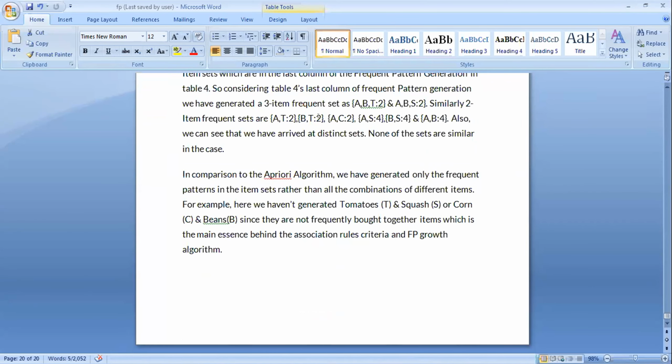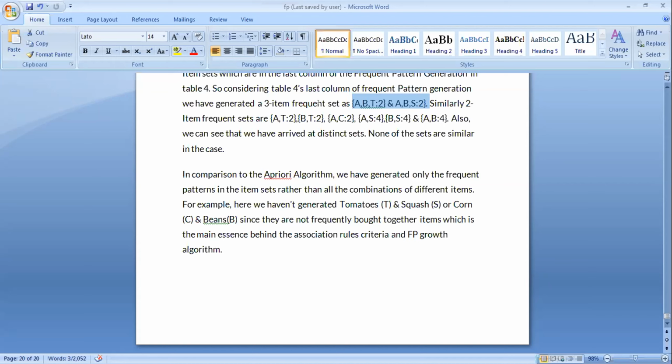With these 3-item frequent item sets, we represent them here. ABT is 2 times, ABS is 2 times. That is the 3-item sets you represent here. Similarly, the 2-item frequent sets are AT is 2.